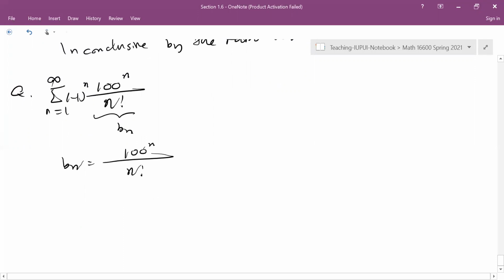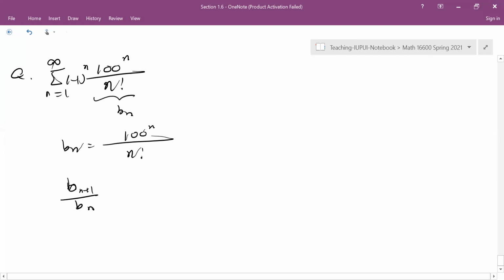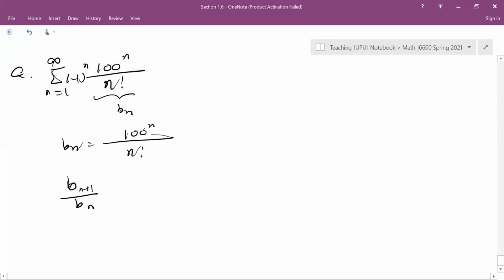How do you prove this is decreasing to 0? You still have to look at the ratio, right? Decreasing, and why it is decreasing to 0. n factorial grows faster than any exponential function.